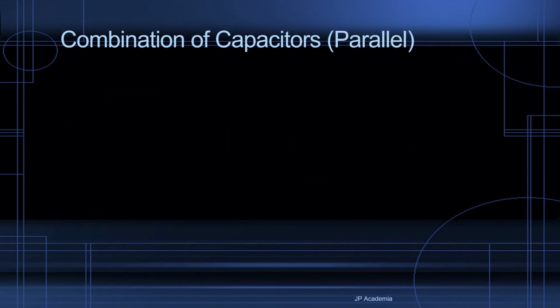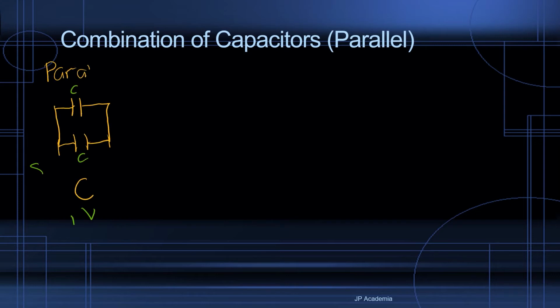Now let's talk about the combination of capacitors. For two capacitors connected in parallel to a battery with switch S, the battery gives the same voltage or potential difference across each capacitor.